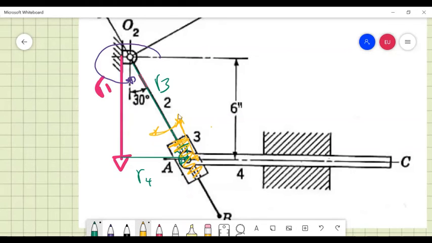So it makes sense that it will have all the components of acceleration. It will have angular acceleration and it will have linear acceleration. Okay?